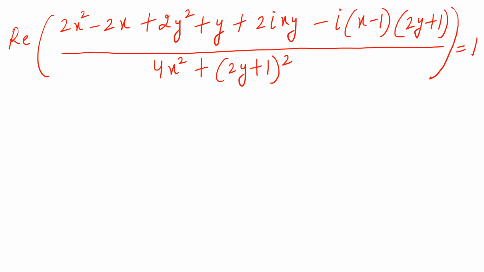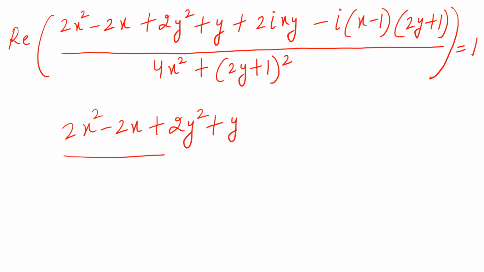Now students, since we are interested in the real part of this complex number written inside the bracket, the real part becomes (2x square minus 2x plus 2y square plus y) divided upon (4x square plus (2y plus 1) whole square), and this is equal to 1.